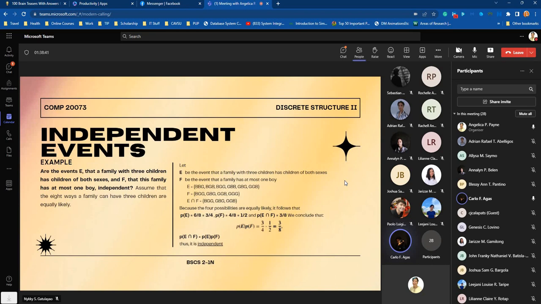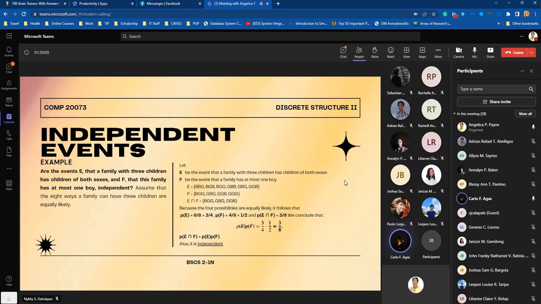Sa event E, ang mangyayari, magkakaroon siya ng 6 out of 8. Kasi nga, di ba, 2 times 2 times 2, 2 to the power of 3 since 3 children, tapos dalawang possible outcome lang naman. Ang mangyayari magiging 6 out of 8 kay E. Si F naman magiging 4 out of 8 which is 1 half. Ngayon, ipagta-times natin yun. 3 out of 4 times 1 half magiging 3/8.